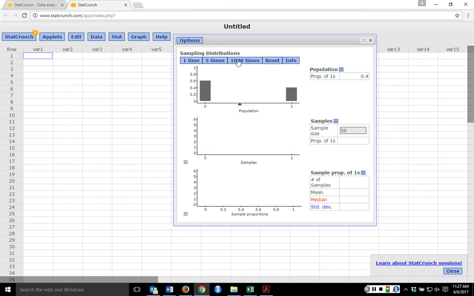Now let's go ahead and jump. Let's go ahead and do it 1,000 times. Alright, so here's our mean, our median, and our standard deviation.